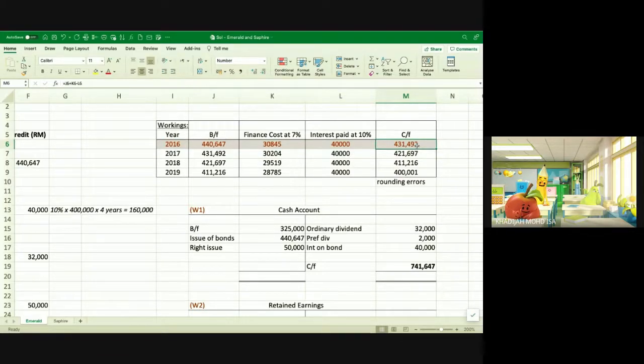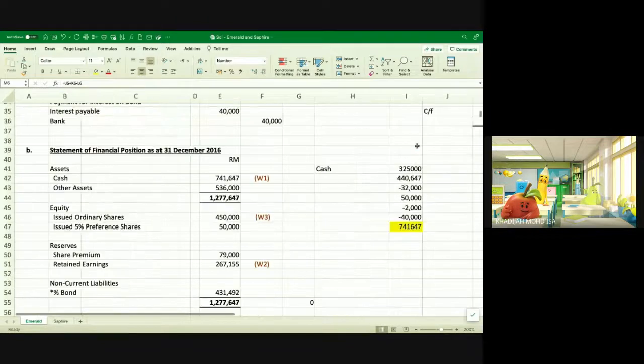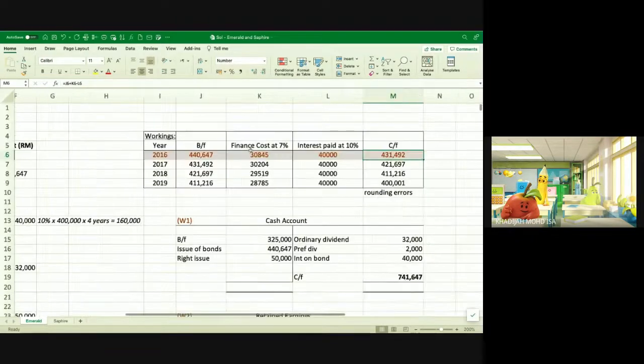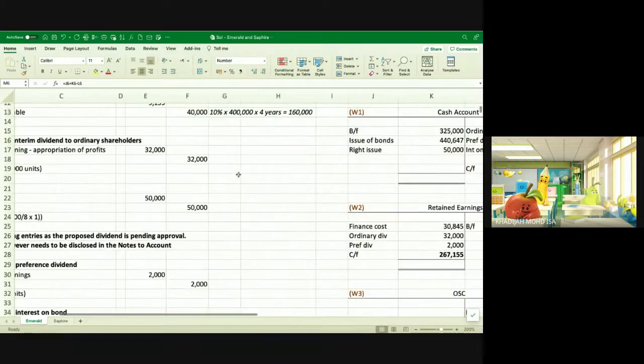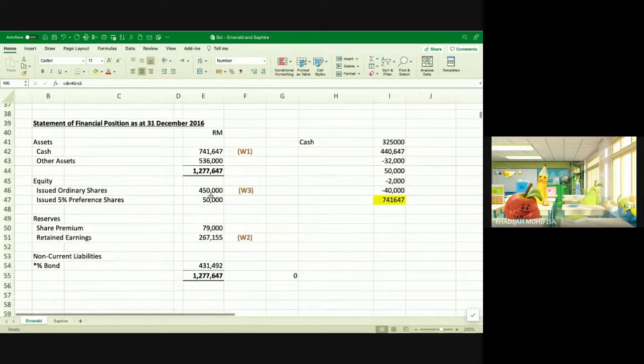We're going to learn this in the next class. I will try to explain better on this, and I will get some clarification from other lecturers. So you have a balance of your assets, equity, and liability of 1,277,647.